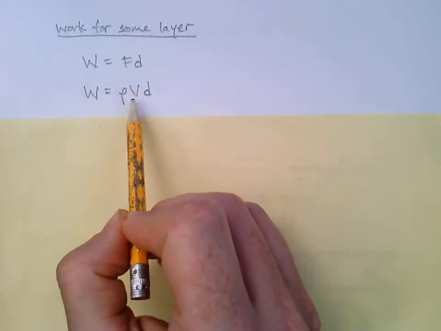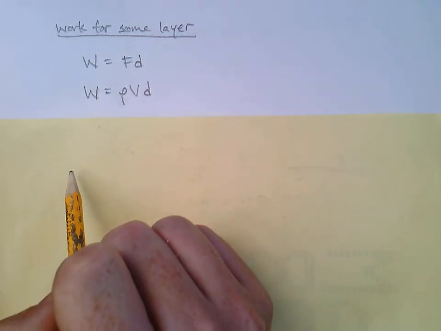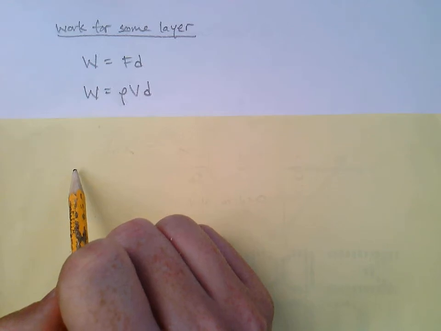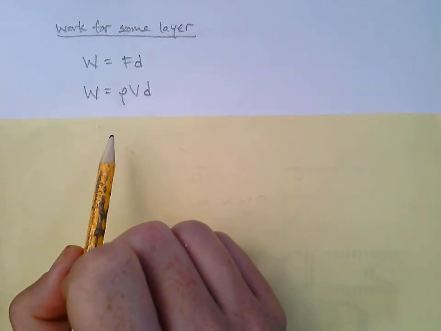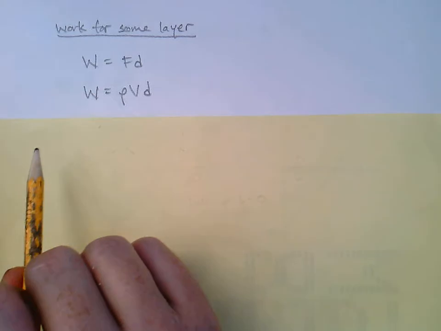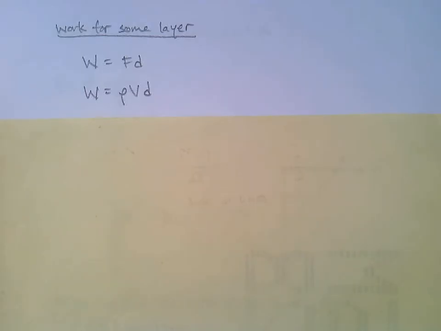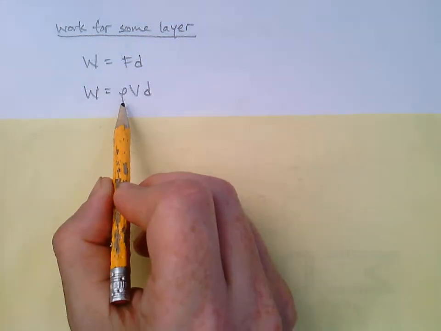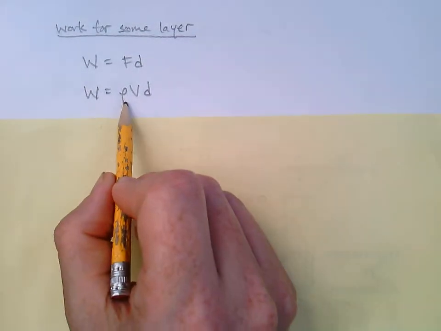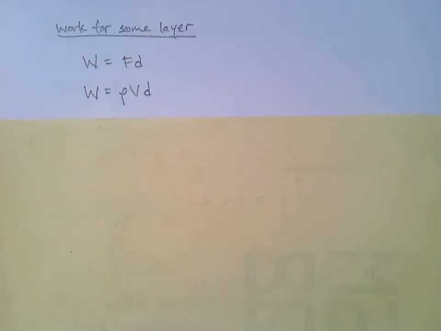Force is density times volume. Okay. And then the distance there as well. So same formula as before, but now we don't have to think about the 9.8 meters per second squared for gravity, right? Because that's already taken into account in the density, because they gave the density in pounds per cubic foot. Okay.